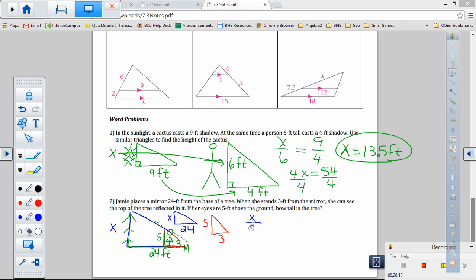X is to 5 as 24 is to 3. We're going in this direction. Cross multiply. 3x equals 120. Divide both sides by 3, and we find out that the tree is 40 feet tall. Okay? All right. Really nicely done.